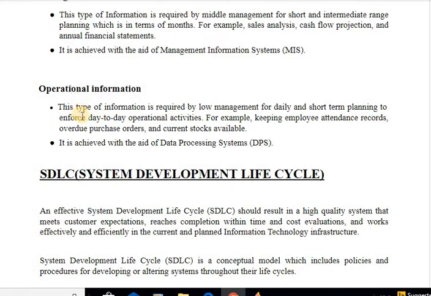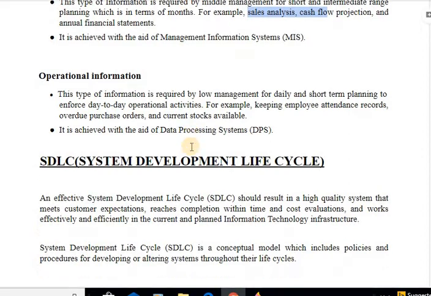Operational information contains the information which is used at the lower level of management and which changes or exists on a daily basis. Short term planning is there to enforce the day to day operational activity, for example keeping employee attendance reports, overdue purchase orders, etc. I think these examples are well enough, because they are totally related to your business management concepts, so you can understand that.